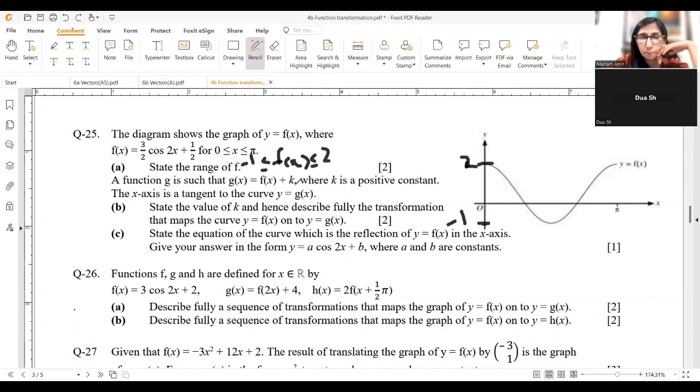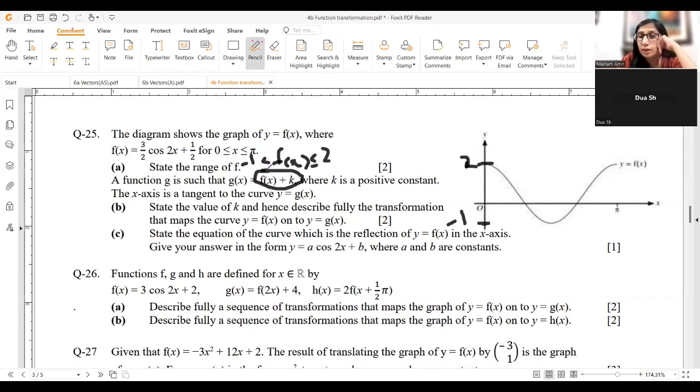Can you tell me what this plus k will do to the graph of f(x)? It's going to move upwards. Yeah, it's going to move it up, where k is a positive constant. The x-axis is tangent to g(x).